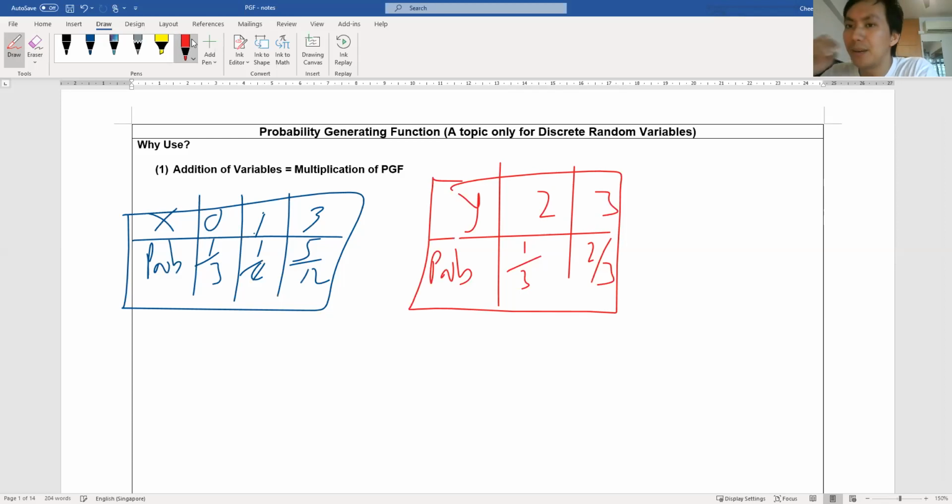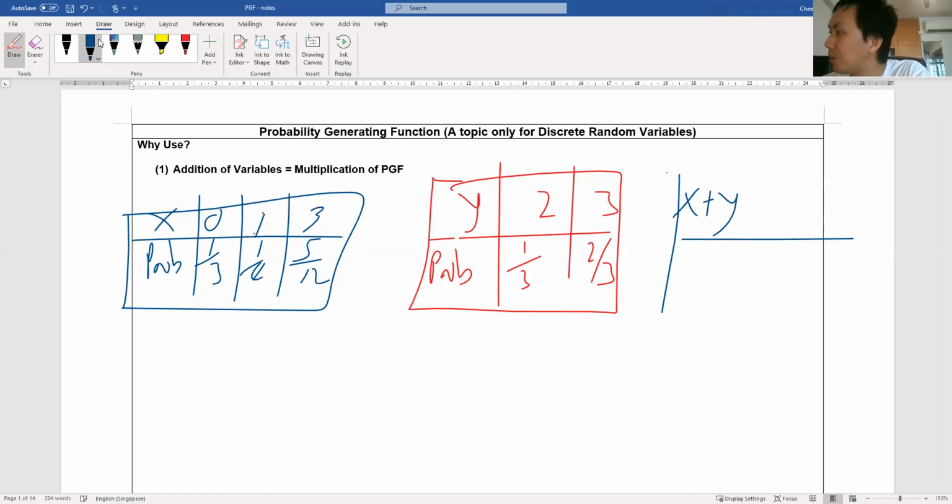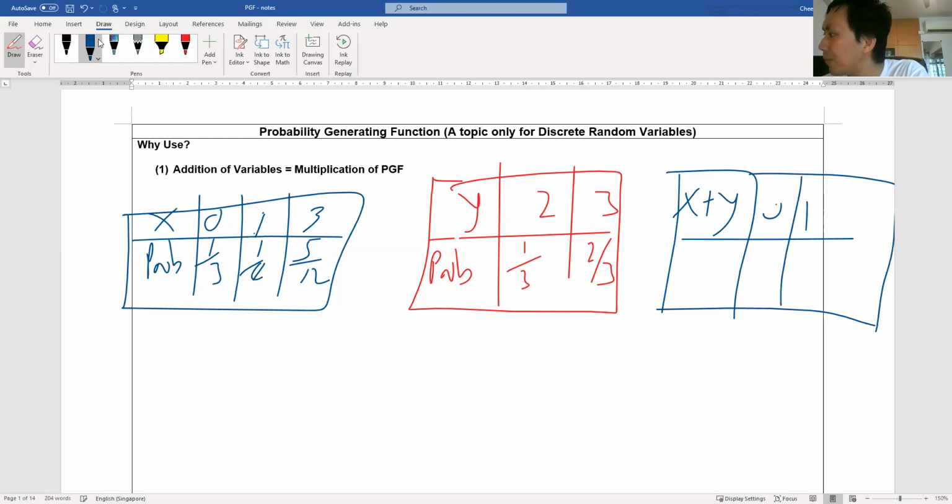In the Paper 1 and Paper 2 situation, if I ask you to go and construct the probability table for X plus Y, you are going to do something like this. Then you will brainstorm the cases. Then you will say this is 0, 1, 2, 3, 4, 5.